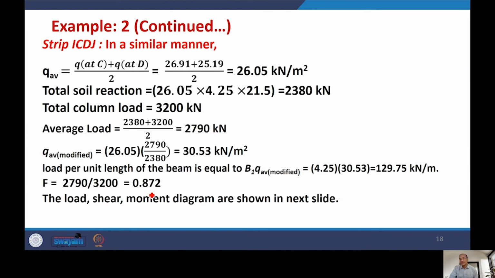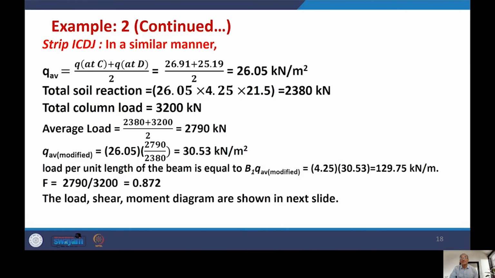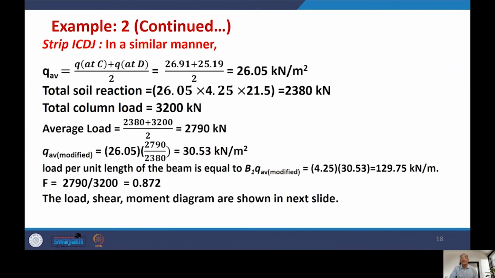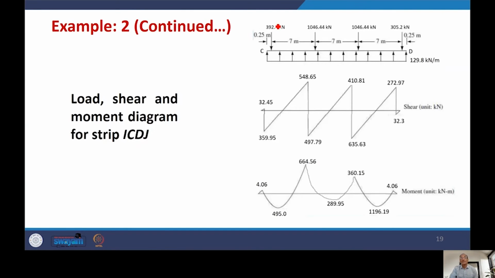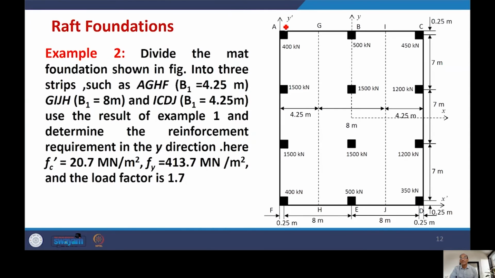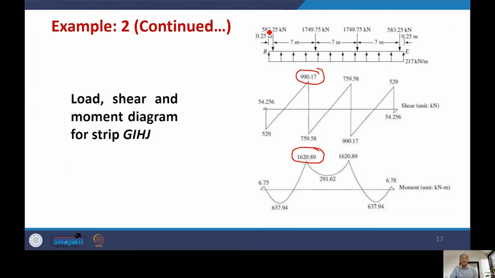So for this strip, ultimately you have again this 129.75, and when you multiply each load by this factor of 0.87, for example, what are the loads here? First load is 450, right? And then 1200 and 350. So 450 multiplied by this factor, you get here the last one.